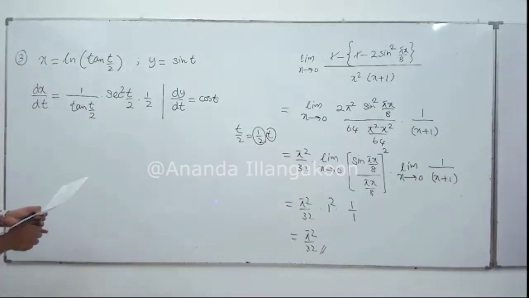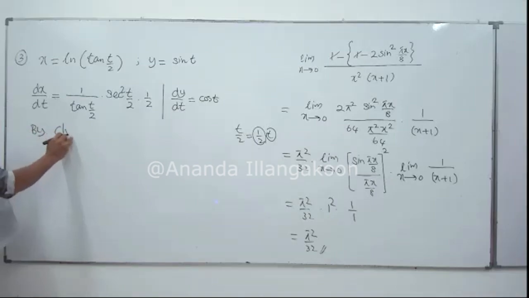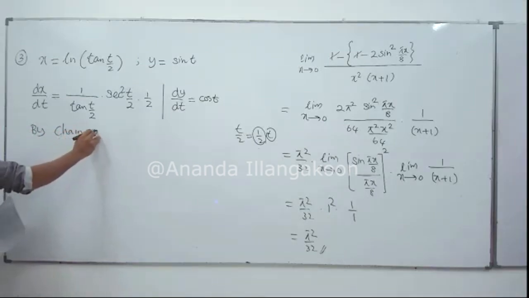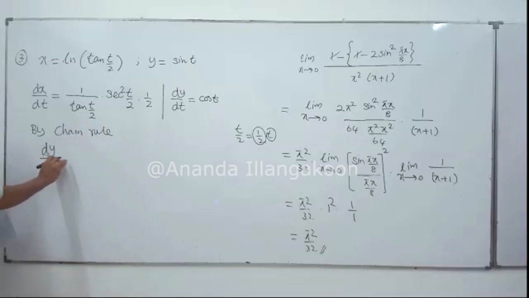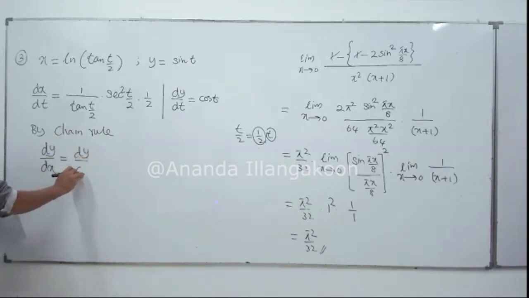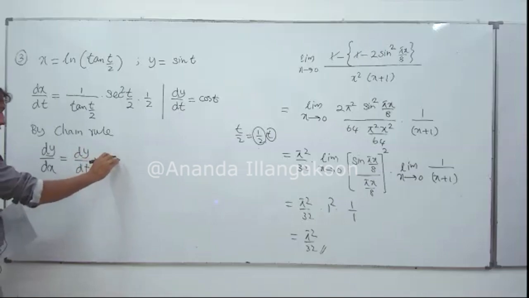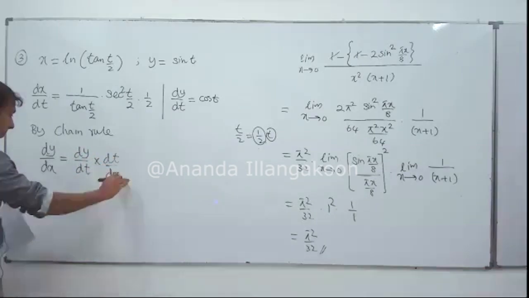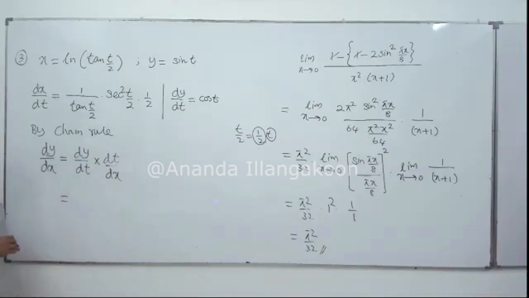Right, now divide by t equals 3. Now, by chain rule, you can write... By chain rule. What is the chain rule, people? dy/dx is equal to dy/dt into dt/dx. dy/dt is that constant. dt/dx means the reciprocal of this, no?